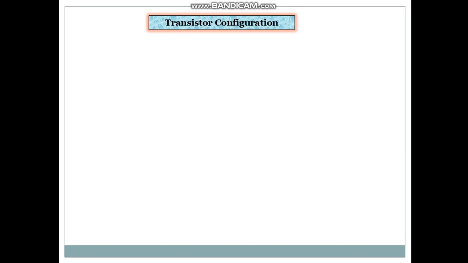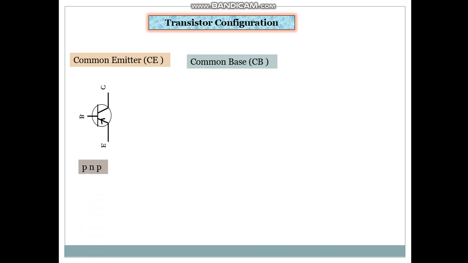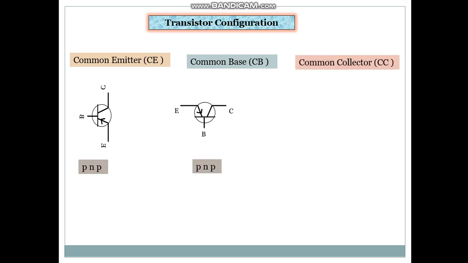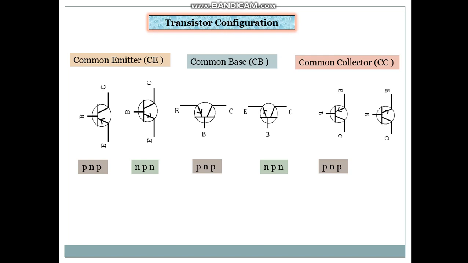Transistor configurations: we have the common emitter, this is for the PNP, the common base and the common collector for PNP. Similarly, you can have for NPN also the common emitter, the common base and the common collector.